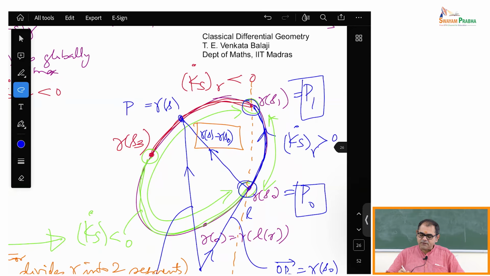From P0 to P1, the sign of the derivative of the curvature is positive, greater than or equal to 0. Okay, and from P1 to P0, if you go, of course, always in the anti-clockwise sense, the sign of the derivative of the curvature is negative.